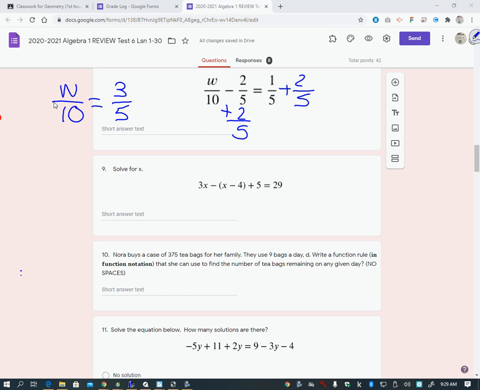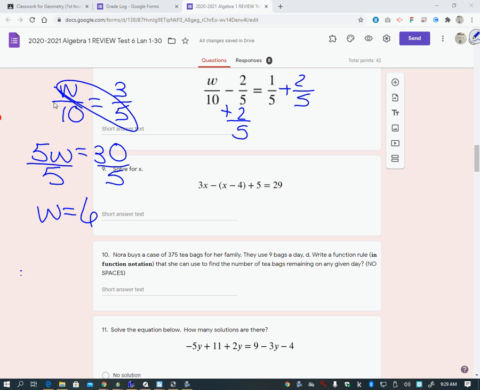I can cross multiply and divide, right? What's W times 5? 5W. All right. What's 3 times 10? 30. All right. Divide by 5. What's 30 divided by 5? 6. Do I still get 6? Yes. Are there more than one way to solve these? Yes.